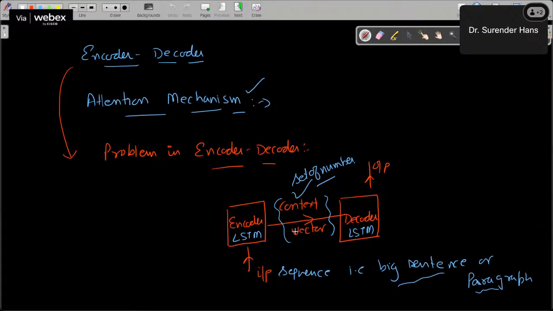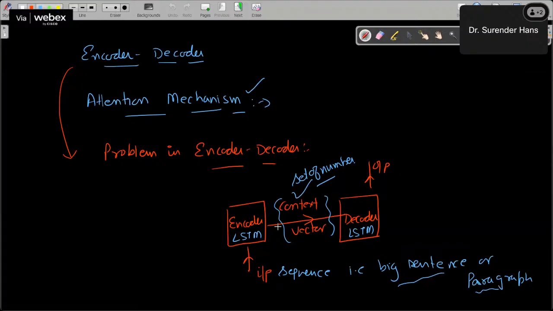If we have a very big input sentence, or let's say a big paragraph, then the load will come on this context vector, and because of it, maybe it cannot recall all the information, so the output of the decoder will not be correct. That is the problem in this encoder decoder model.